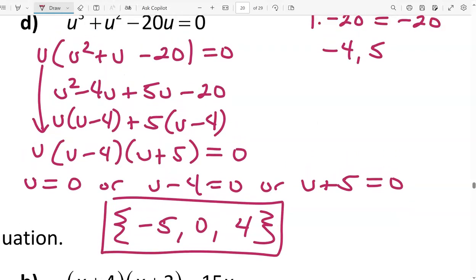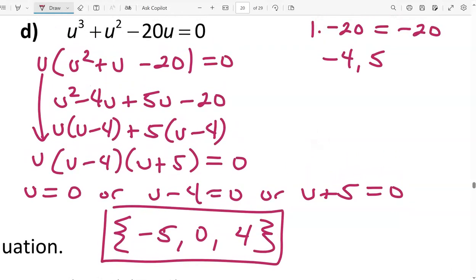This equation should have 3 solutions because there are 3 factors. Notice that we had a u cubed as the highest exponent on the variable u in the original equation, so we were expecting 3 solutions. It also doesn't matter what order the solutions go in, so you can list -5 first, or you can list it last. It doesn't make any difference.